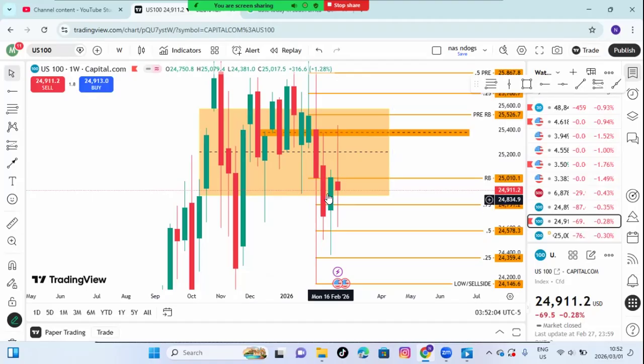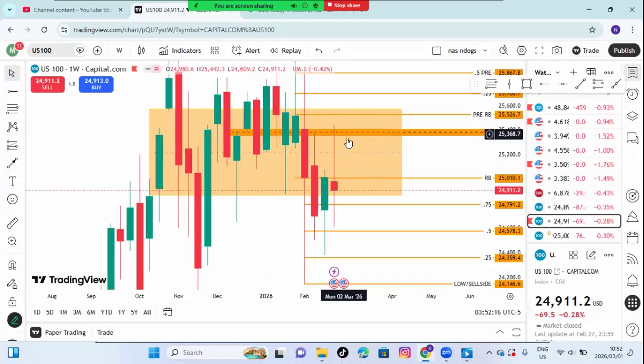The open here closed inside the suspension block, but then in the lower quadrant of it. The next candlestick went up into the upper quadrant of it, above half of the suspension block, but it can't even close there. It closes here.